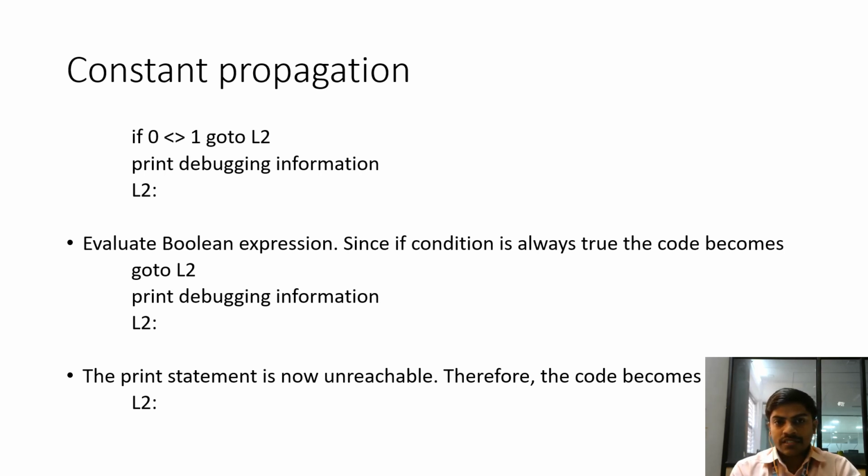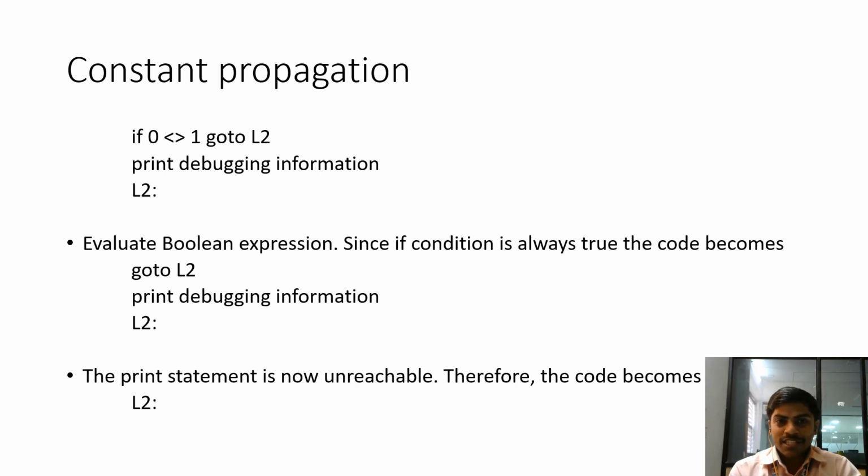Understand from the first line, if 0 is not equal to 1, go to L2. 0 not equal to 1 involves both numerics; they are not operands involving a variable name, but are directly constants, so the value of 0 not equal to 1 can be computed well in advance, so that this computation overhead can be reduced. Converting this 0 not equal to 1 is actually the meaning of constant propagation.